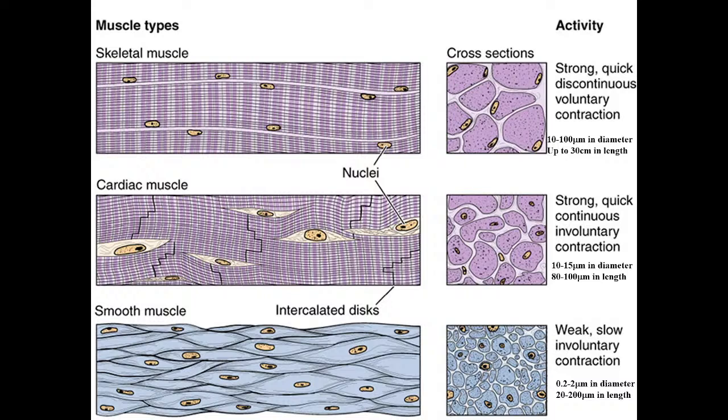Even cardiac muscles are strong and quick, but they are involuntary in contraction. Their length is not as long as compared to the skeletal muscles. And as far as smooth muscles are concerned, they are weak, they are slow, they are involuntary in nature. So that is all about these different types of muscles.